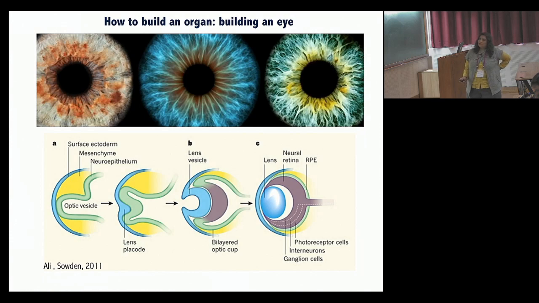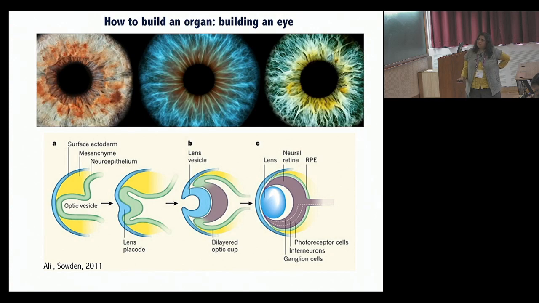And you'll see two things happen. Not only is the green structure getting deformed, the surface ectoderm that's above it is also getting deformed, right?